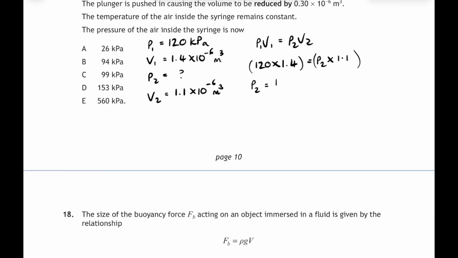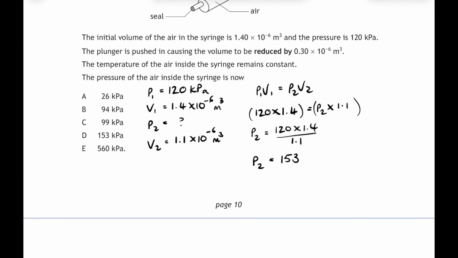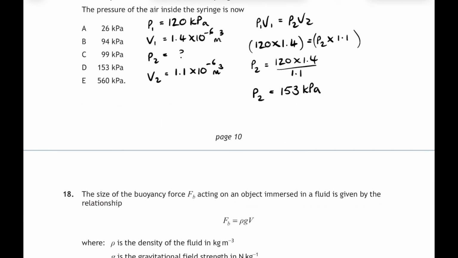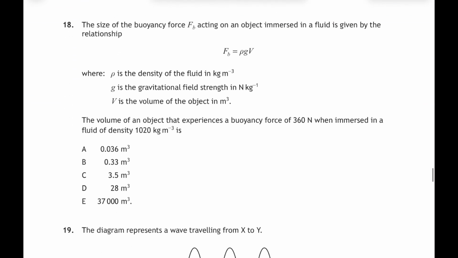But if you work out P2, it'll be 120 times 1.4 divided by 1.1, and that gives you an answer of 153. And because P1 was in kilopascals, then P2 will also be in kilopascals. 153 kilopascals, that's 17D.